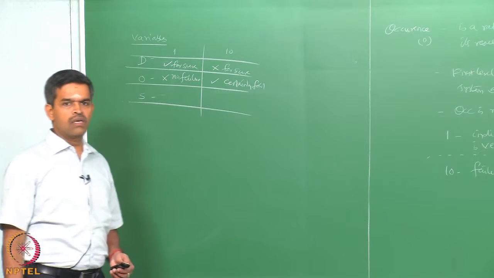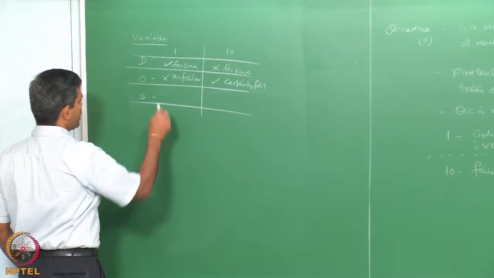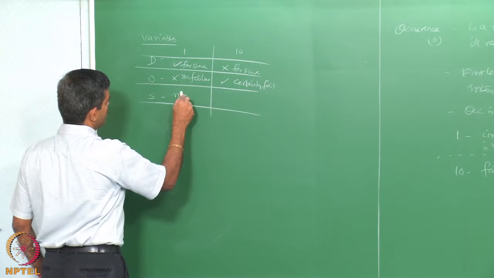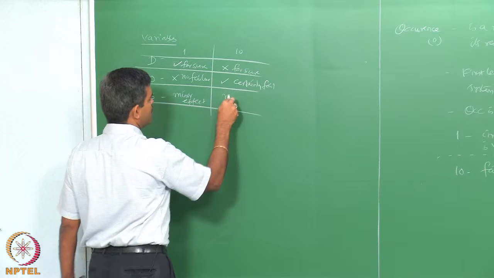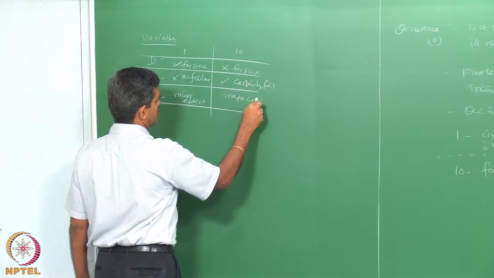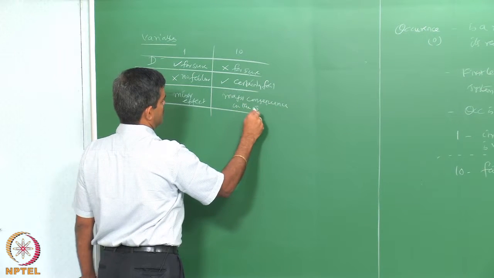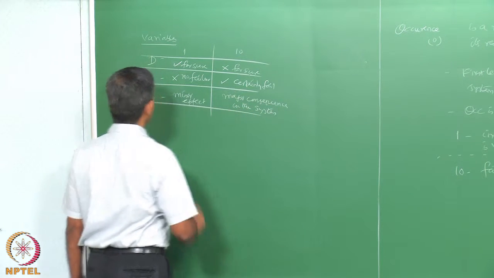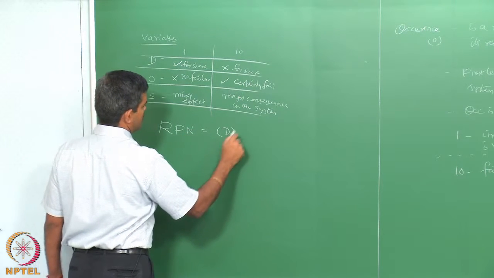Similarly, look at the severity, 1 corresponds to a minor effect on the system, and 10 will have major consequence on the system. So, risk priority number is actually a multiplication of these 3 variables.